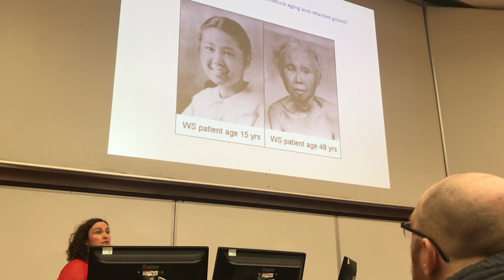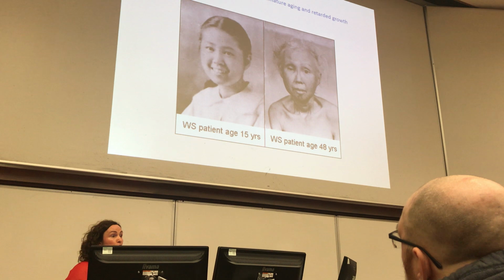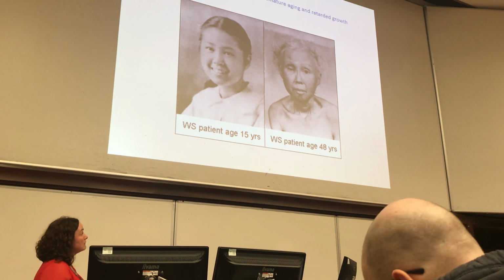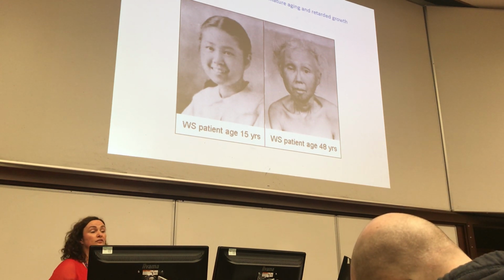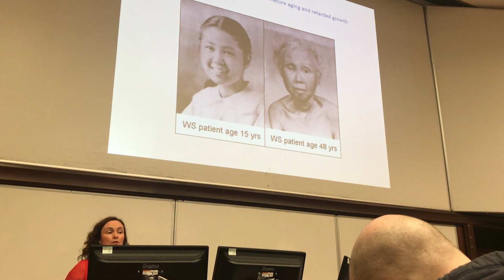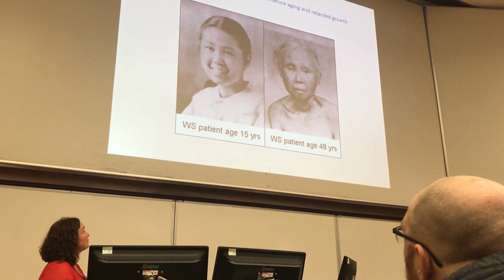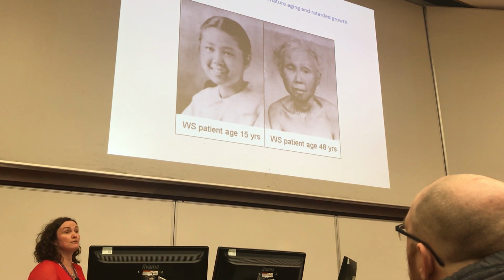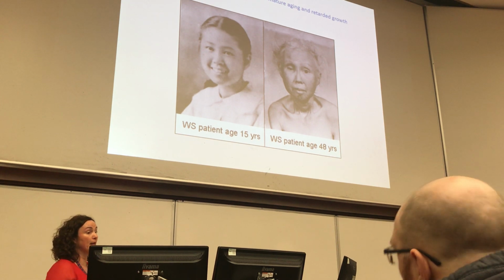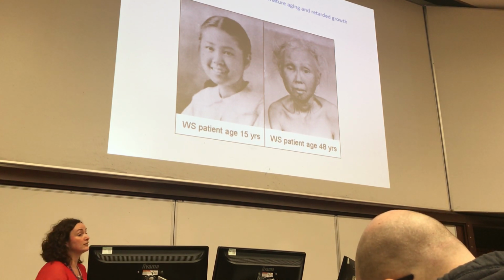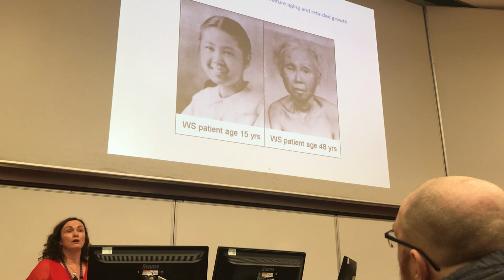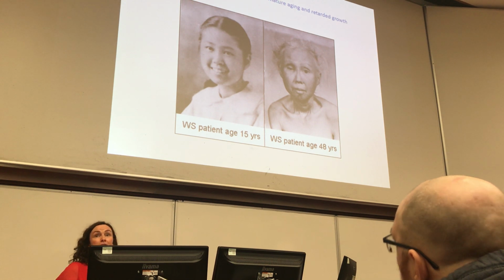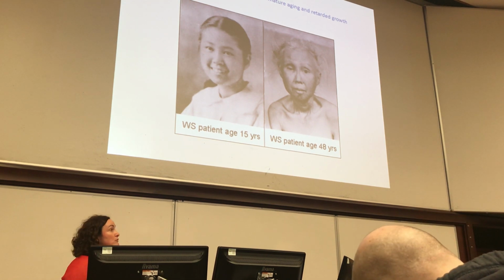Normal growth and development usually occurs up until puberty, and average age of diagnosis is around 24. So the WRN gene is involved in DNA replication and repair, as you would expect. And so when this is not functioning, mutations accumulate and they're unable to be repaired.